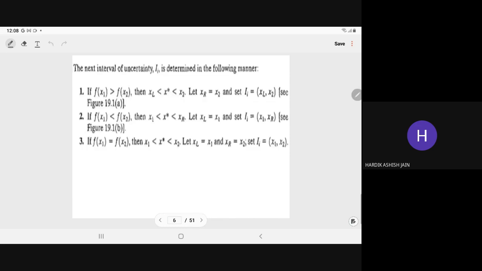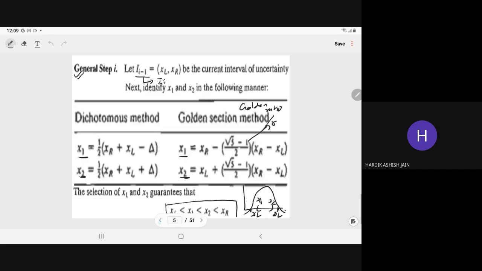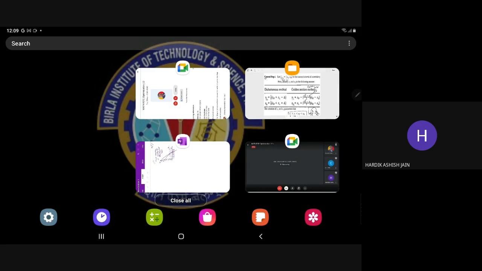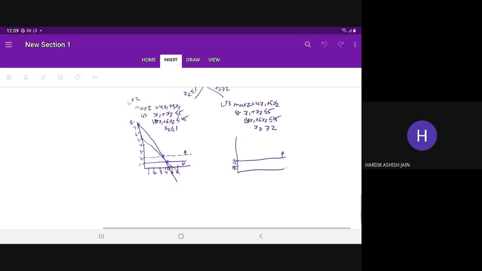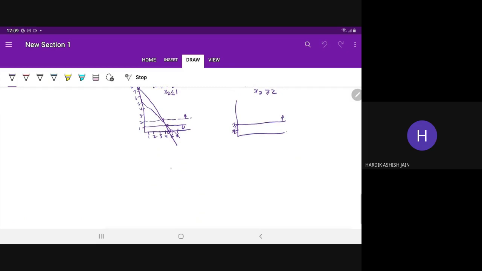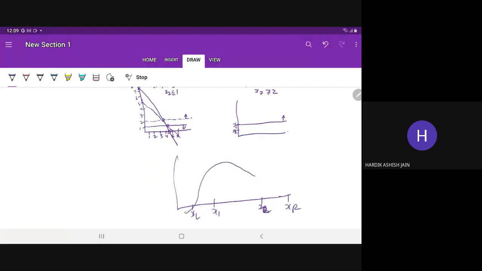In this case we have to narrow the interval. Now when we have to narrow the interval, the question arises which interval we should consider. Here we have the points xl, x1, x2 and xr, and the graph is like this.